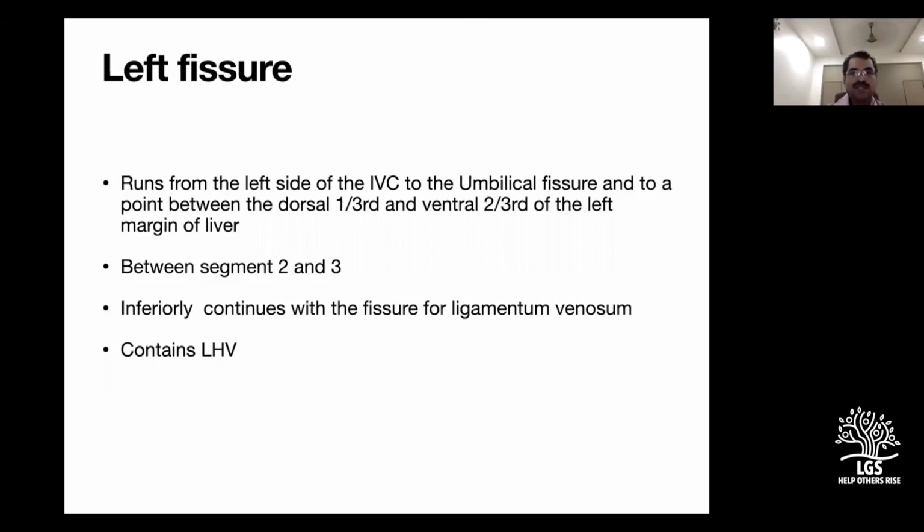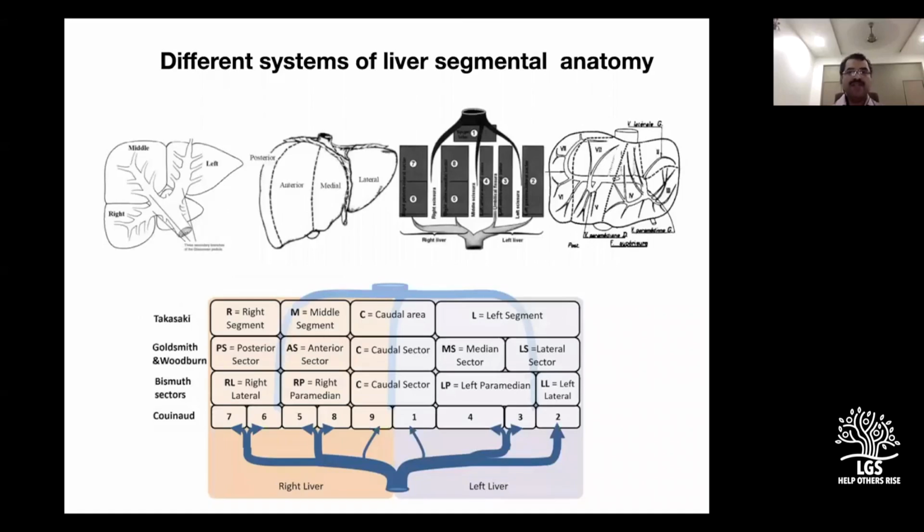Now that terminology is changed. So the hepatic left fissure is actually between segment 2 and 3 by Couinaud, and it contains the left hepatic vein. Whereas the current terminology of left lateral segment is segments 2 and 3, where the division is by the umbilical fissure.